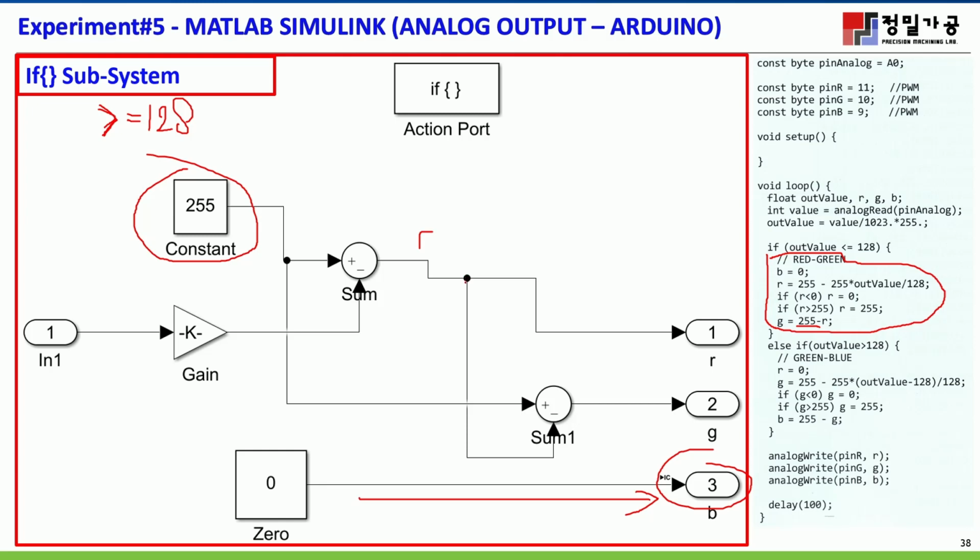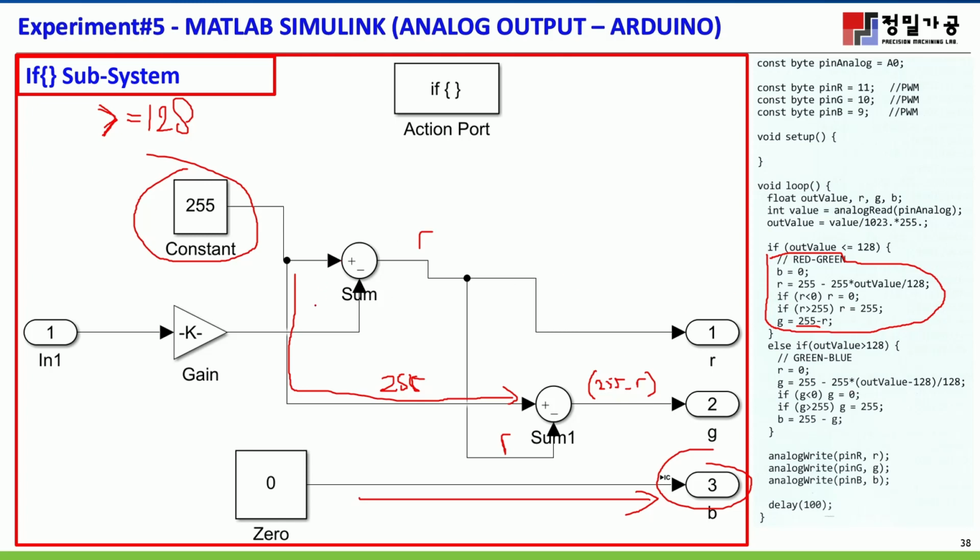So this one is the constant value, and the red goes through here. This one is 255, it's constant, right? So this one is red. So green is 255 minus red.